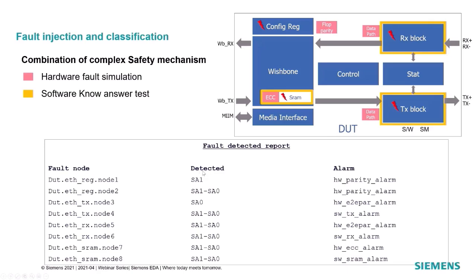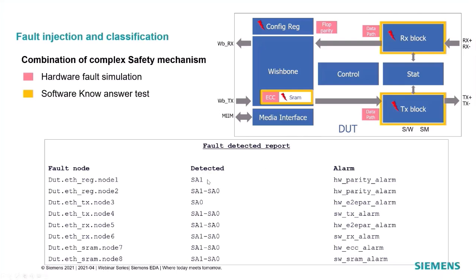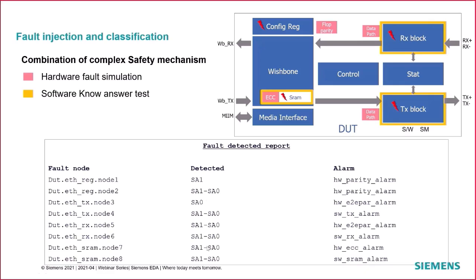Yes, so detected is a superset of the detected observed and detected unobserved. In this case, I am simply categorizing all the faults which were caught by my alarms. The other portion is the dangerous faults, in which the alarm did not catch it.